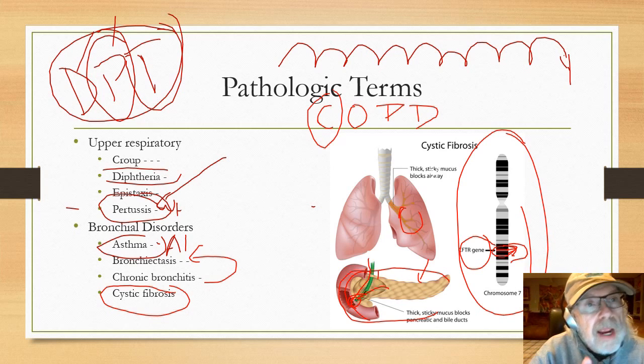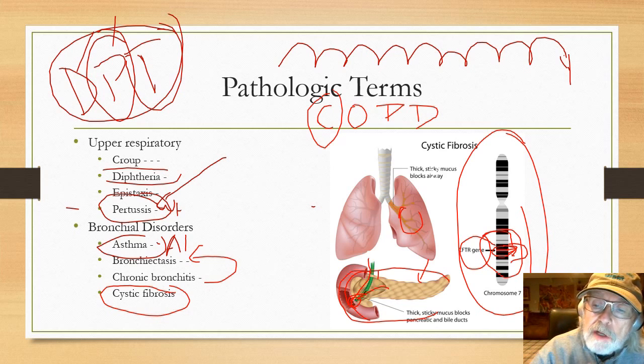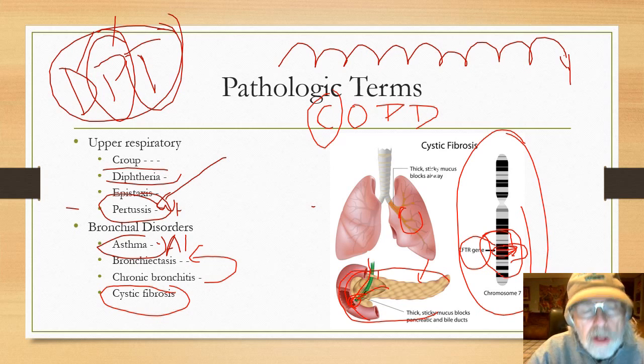In the past, the life expectancy for somebody with cystic fibrosis was probably early 20s. Okay, it much more commonly occurred in blonde-haired, blue-eyed people. For some reason, probably because the blonde-haired, blue-eyed gene is somewhere very close to that gene for cystic fibrosis. Actually, it's an abnormality of that gene that causes the cystic fibrosis.